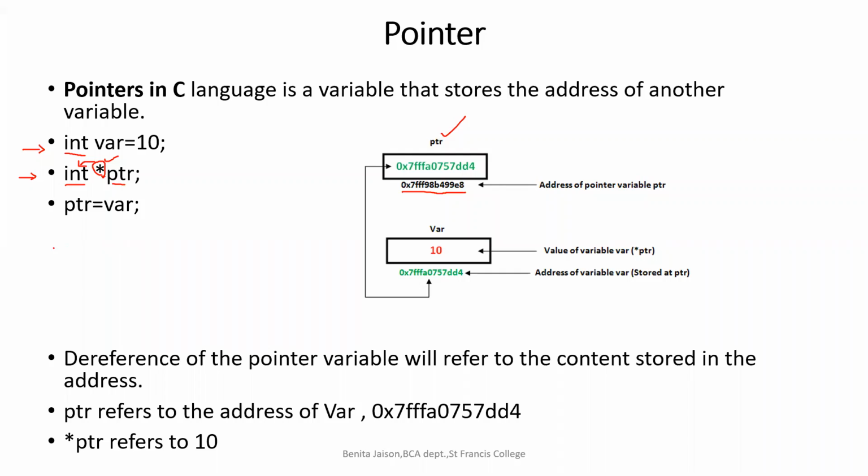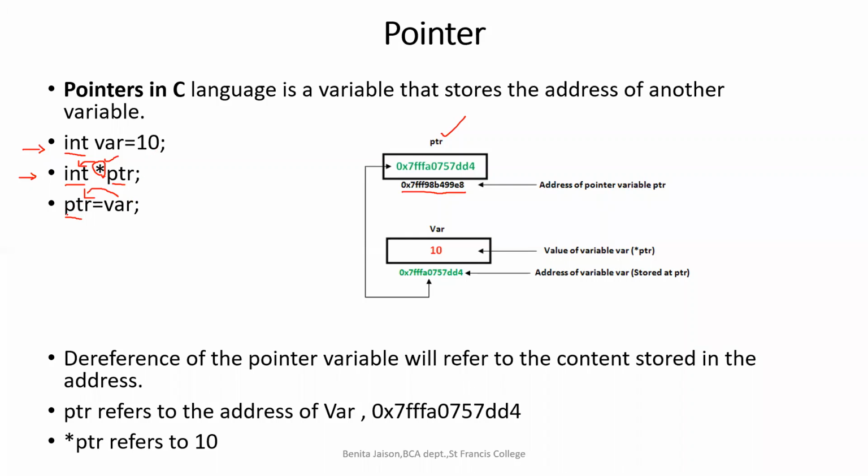I didn't put animation to this. Now in the next step, what is happening? PTR, which is a pointer variable, is assigned VAR, or we are assigning VAR to PTR. What will happen in this step? What is the value of the variable VAR? Value of the variable is 10.